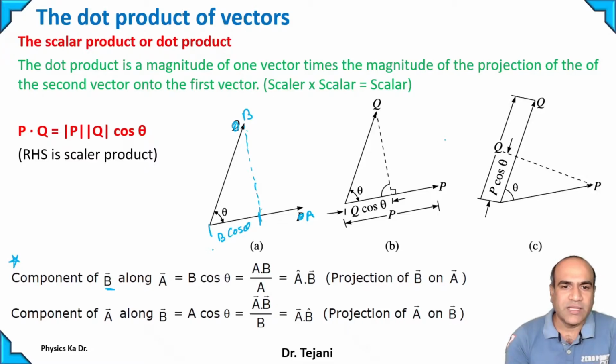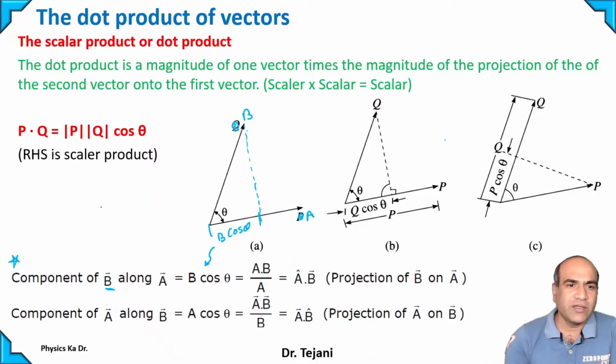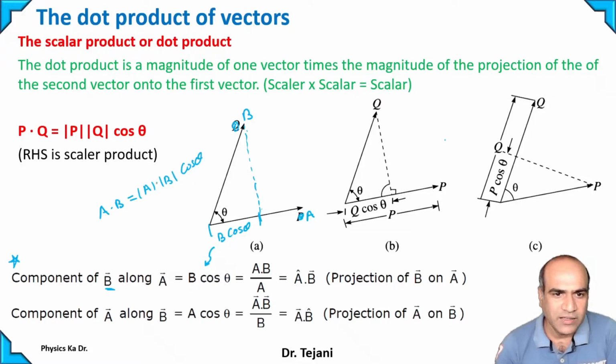That is B cos theta. Right. So we know that A dot B is equal to mod A mod B cos theta.